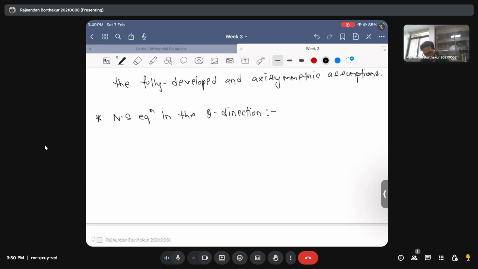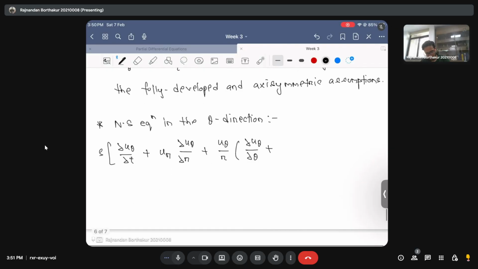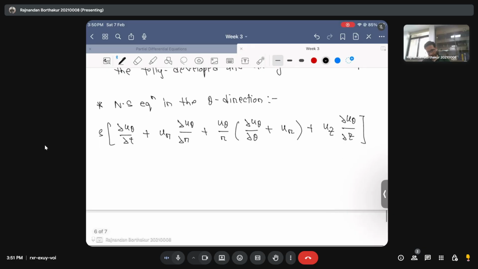It is going to be rho times, that's the inertia term, del u theta by del t plus ur times del u theta by del r plus u theta by r del u theta by del theta plus ur u theta by r, plus uz del u theta by del z. That's the inertia term.